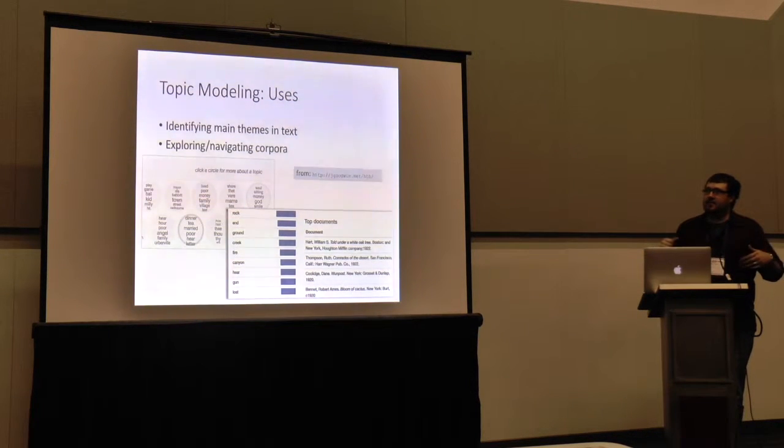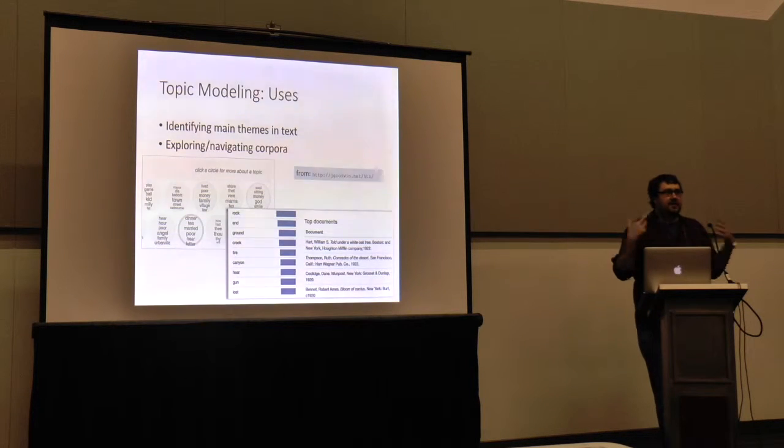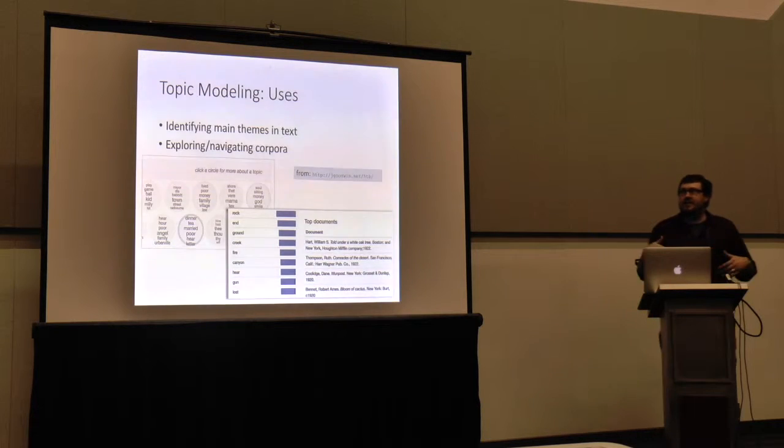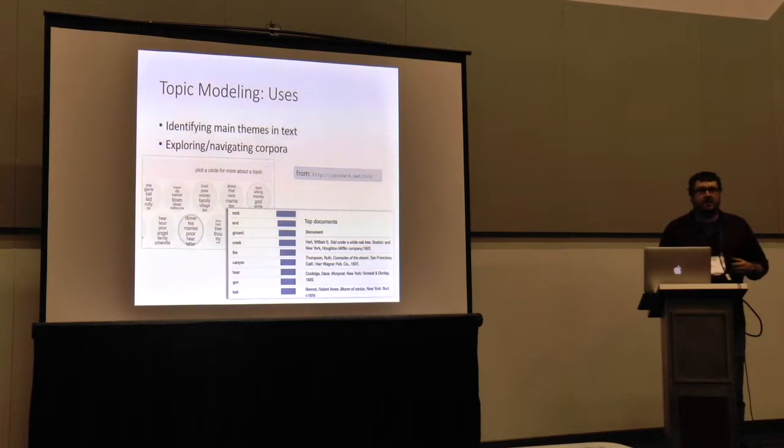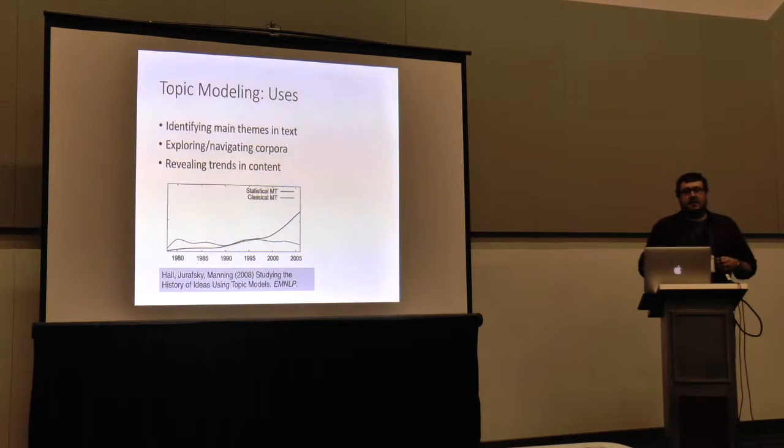And basically this is a tool that was applied to literature. So this is a person who works in digital humanities, and it shows the topics of this corpus of books from the 1920s. And then someone can click on a different topic and then see which books are a good match for those topics. So topic models can be used for browsing text collections.